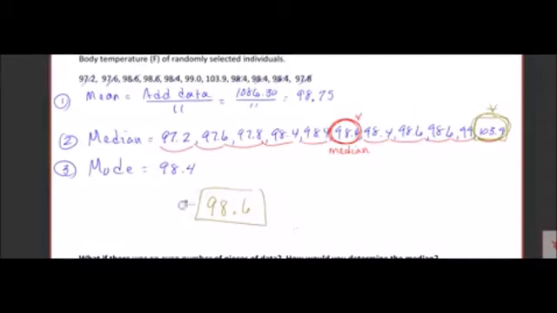My normal temperature is actually less than that. Some people's normal temperature might be above that. But this is just an average. If you take a whole bunch of people and find their temperatures, the average would be 98.6. Okay, so let's go back.